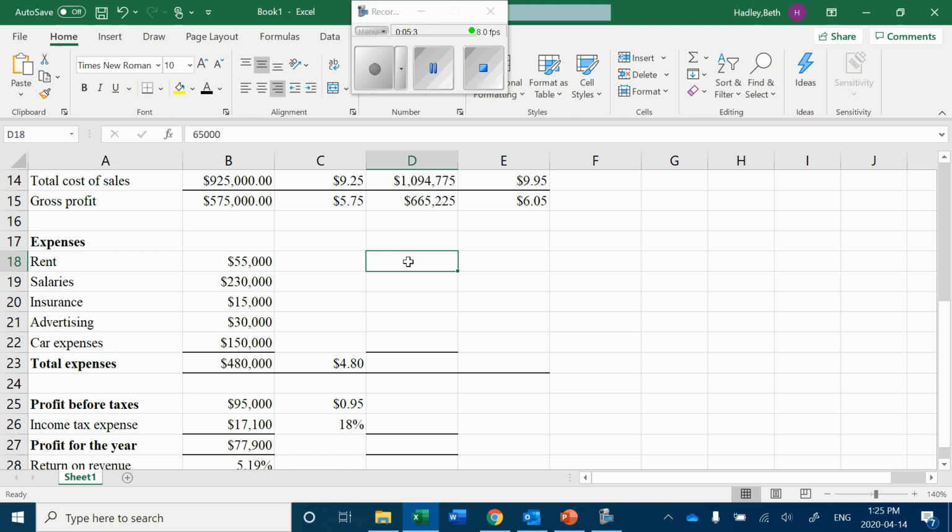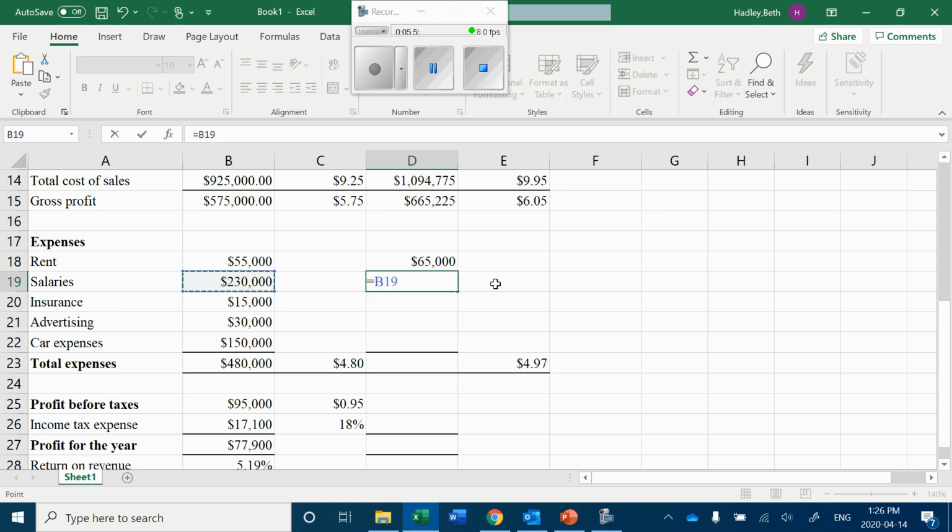Now, the annual rent is increasing to 65. We are increasing our salaries by 12%.